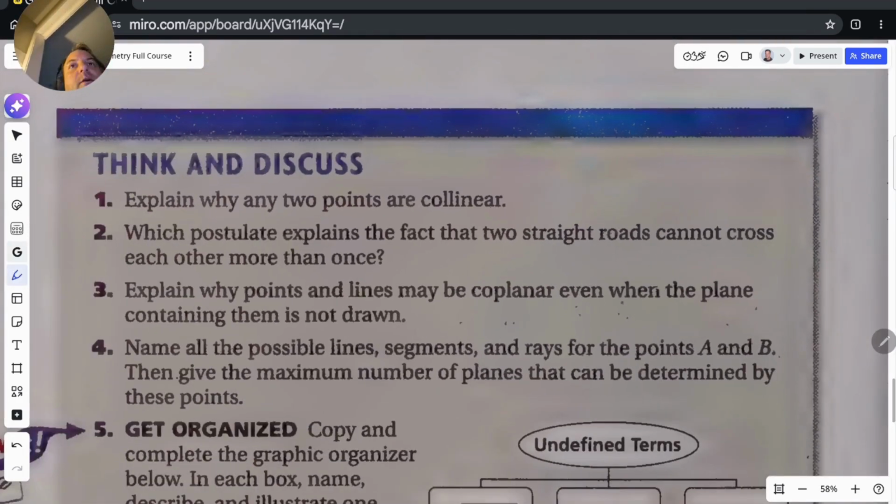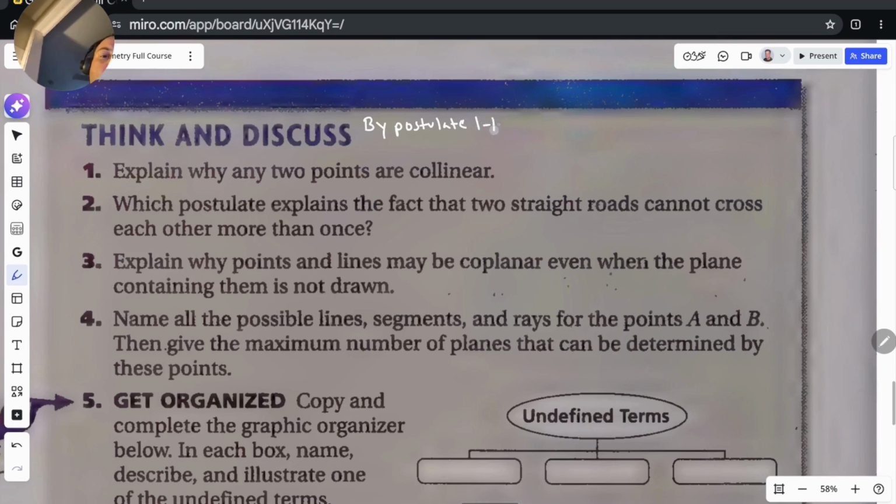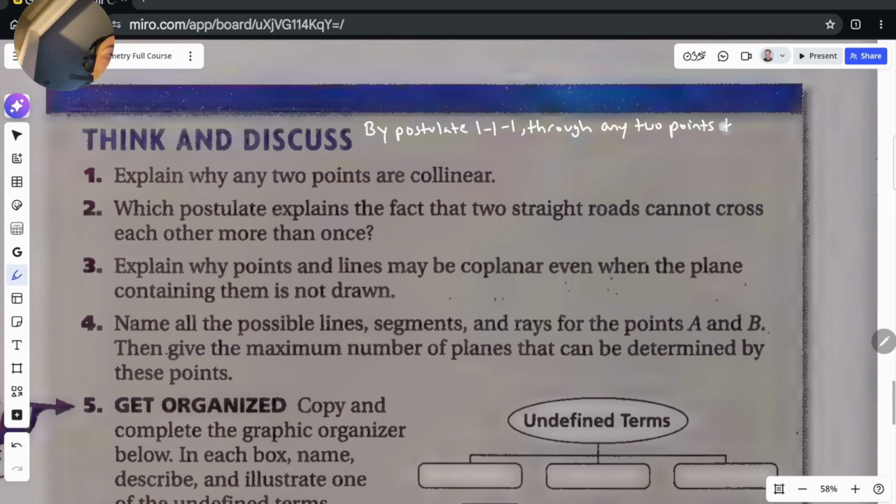Let's answer in complete sentences here. So we can say by postulate 1-1-1, through any 2 points, there is a line.